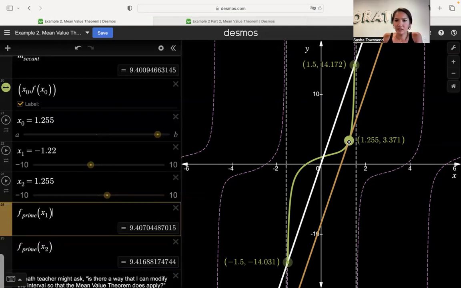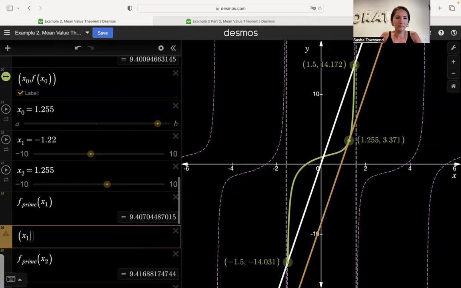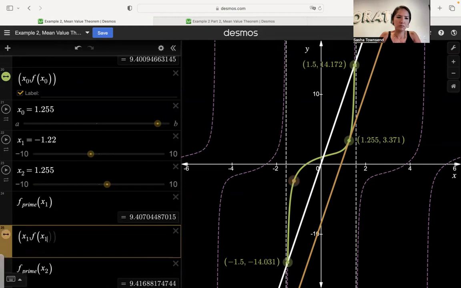And we've got a tangent line drawn at x2. I'd also like to have a tangent line drawn at x1. So let's plot this point so that we can see it.